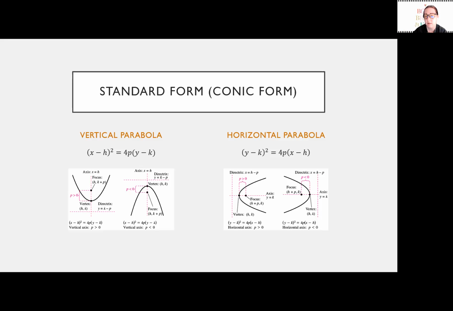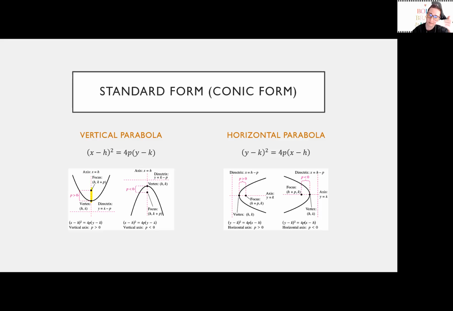Then the right side of the formula is where things get different, because we have this 4p times y minus k, and then it's 4p times x minus h, the other part of your vertex, essentially. So p is part of the formula, and p is the distance between your focus and the vertex.